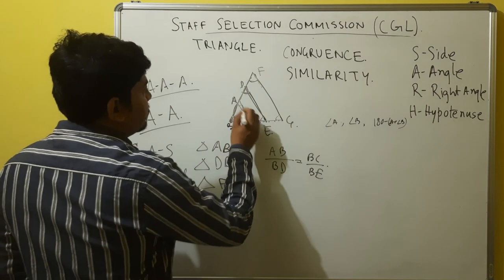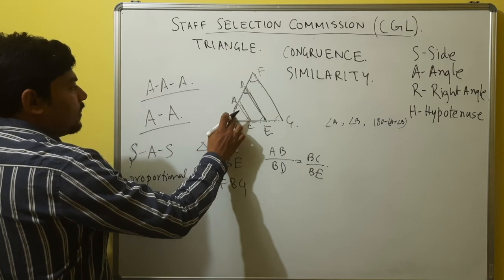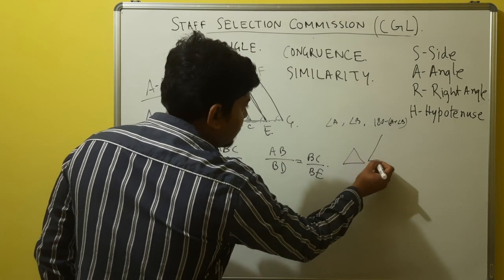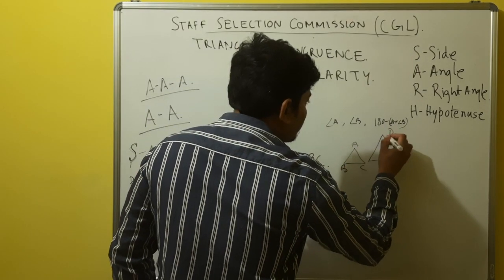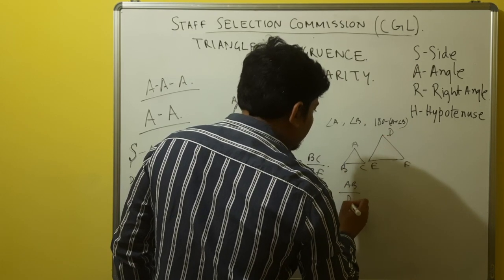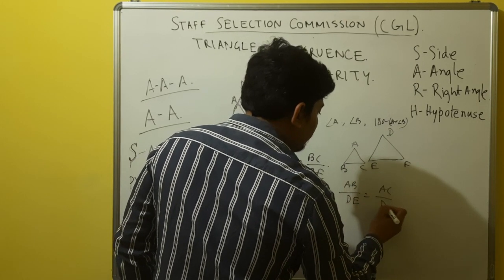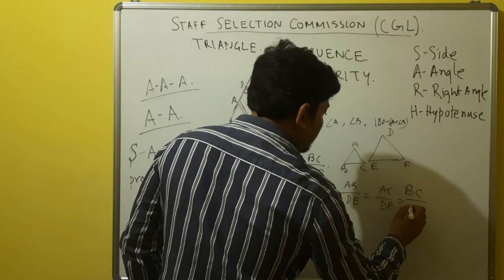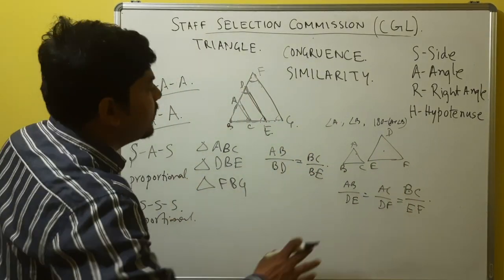Let's say there is one triangle like this, and there is another triangle like this, and we got to know AB by DE equal to AC by DF equal to BC by EF. Then also these two triangles are similar to each other.